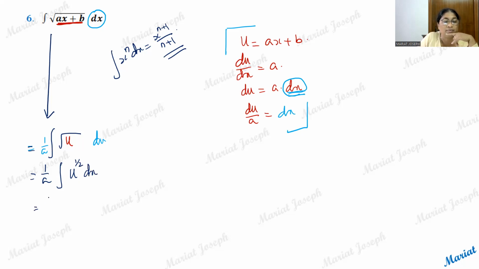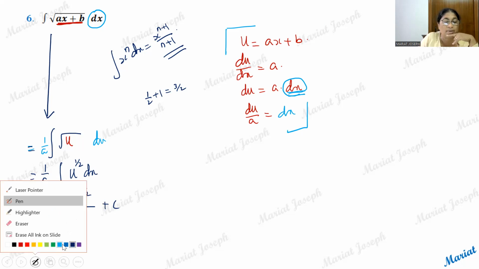Accordingly, what is going to be the answer, Ishita? 1 by a u to the power 3 by 2. How come 3 by 2? Half plus 1 is 3 by 2. Okay. U raised to the power 3 by 2 upon 3 by 2, plus c.